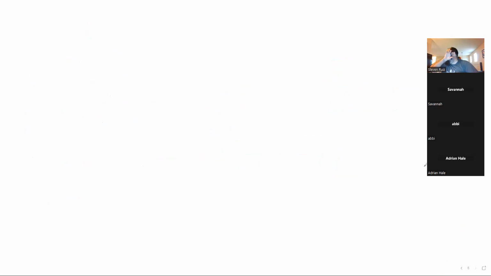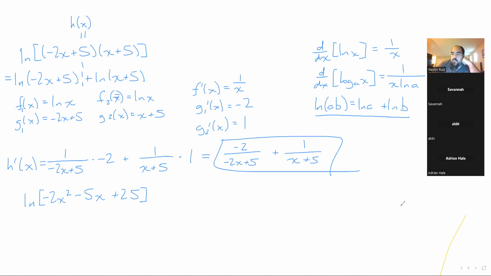Let me look. For the last problem, when I was clicking through the help part of the homework, I think it had me work it as the ln of negative 2x, where you multiplied them together and then you got the derivative.